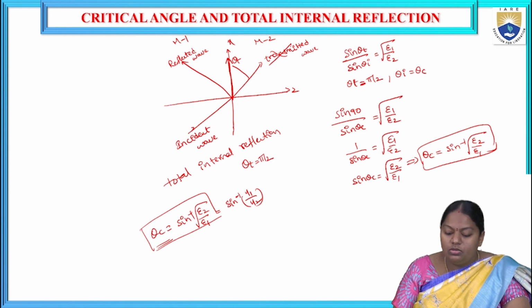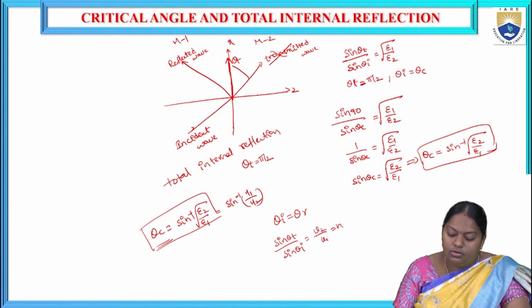So, in this lecture, what we have learned is the oblique incidence at a plane dielectric boundary. From that, we have derived Snell's law of reflection, given by theta i equal to theta r, and Snell's law of refraction, that is sin theta t by sin theta i equal to V2 by V1 equal to n1 by n2 equal to beta 1 by beta 2 equal to root over epsilon 1 by epsilon 2, nothing but beta 2 by beta 1.